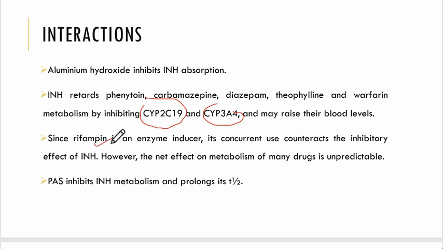Yes, we all know if isoniazid and rifampin are given together, rifampin being an enzyme inducer will counteract the inhibitory effect of isoniazid, and however the net effect on the metabolism of many drugs is unpredictable. Paraaminosalicylic acid inhibits isoniazid metabolism and prolongs its half-life.